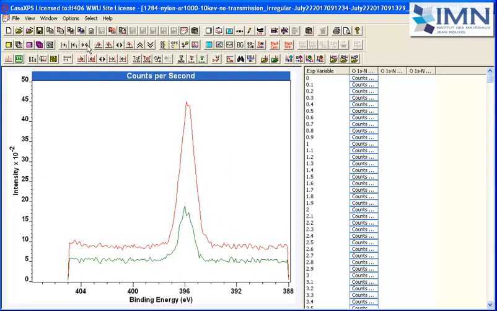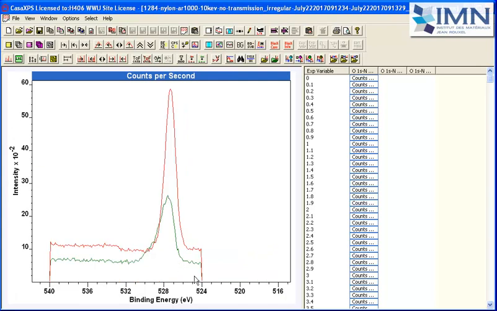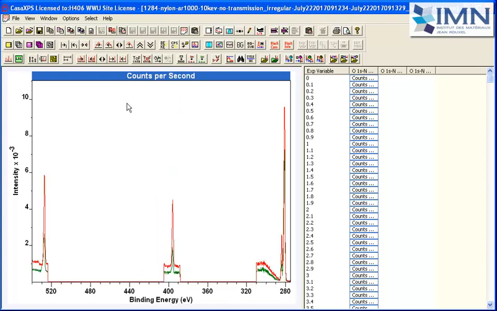It's not so obvious, but there are two different forms for the nitrogen, and it is more obvious in the oxygen. You can see that the oxygen is shifted in binding energy, the background is flat, so we've got two different shapes that may have some physical significance to these data.